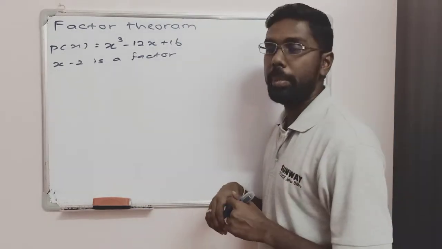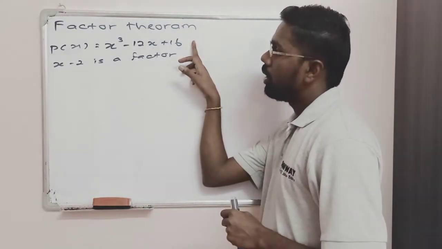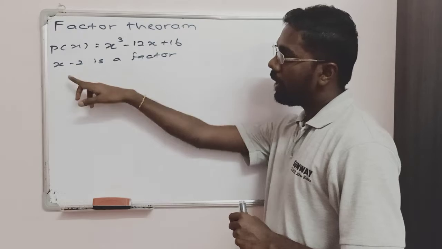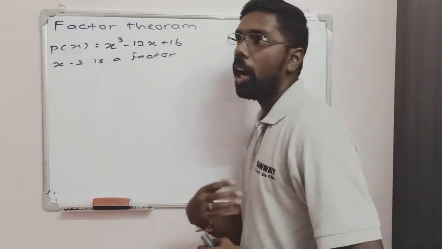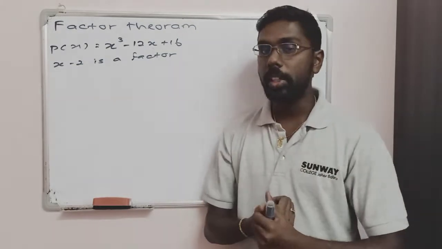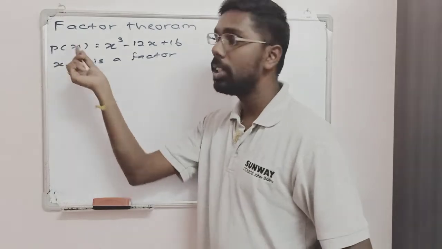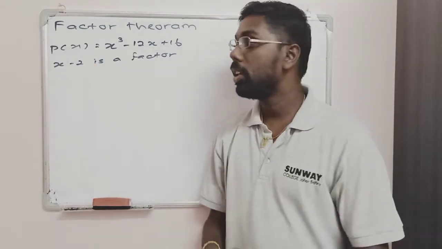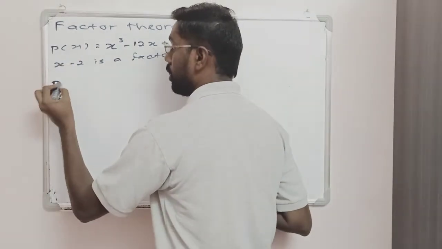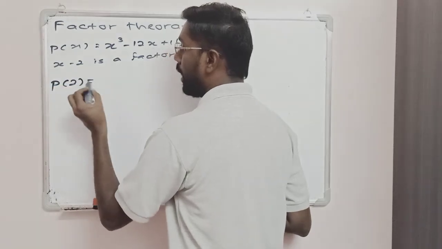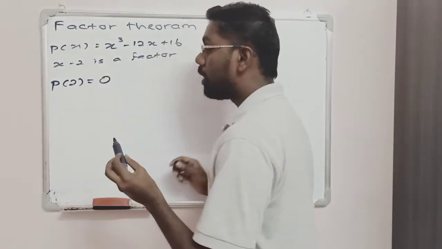Here I gave that x minus 2 is a factor. So how can we determine it's a factor? One way is to substitute this value inside here. When we put 2, if you get P(x) equal to 0, then it is a factor.